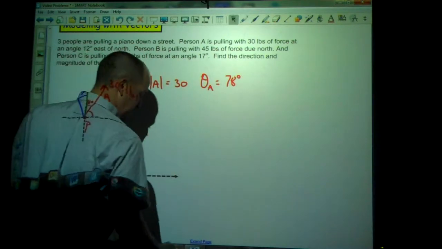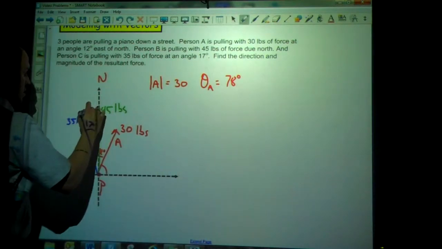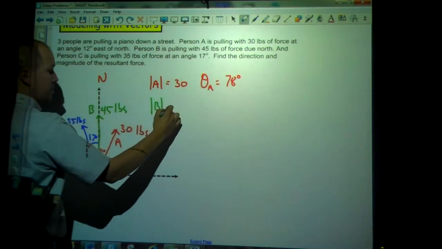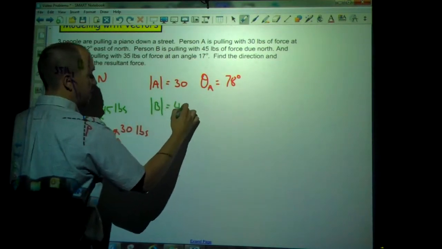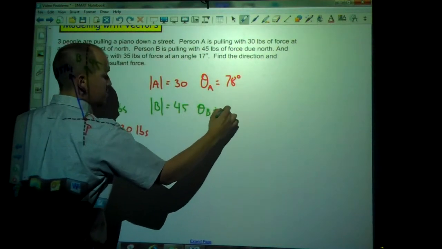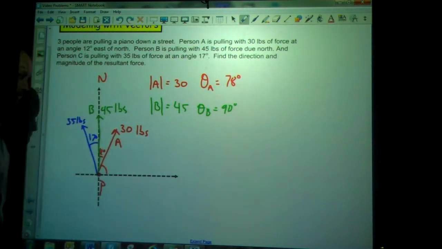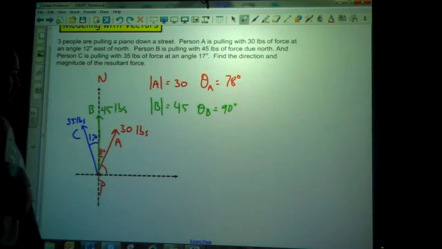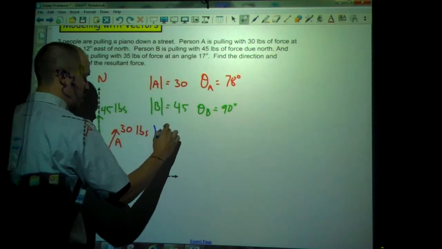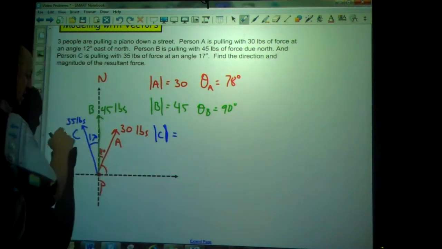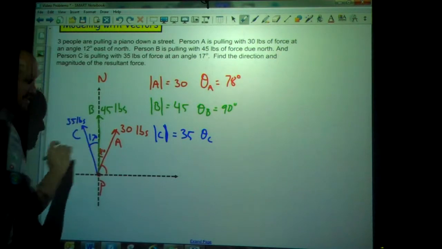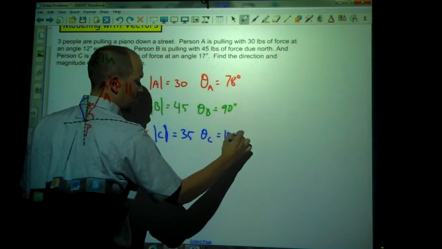Okay, the magnitude of B, the green vector, it's going straight north. The magnitude is 45, and the angle, because it's going straight north, is 90 degrees. And then for person C, the magnitude is 35, and the angle is 90 plus 17, which is 107.